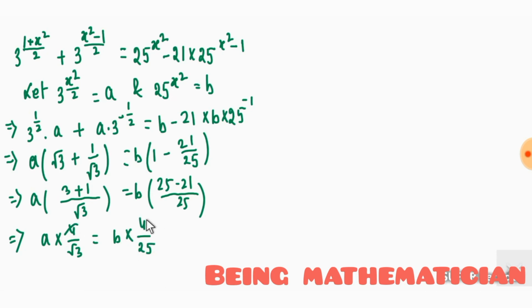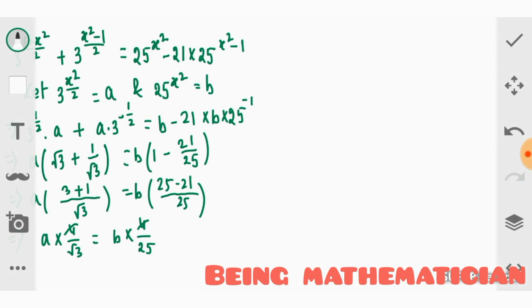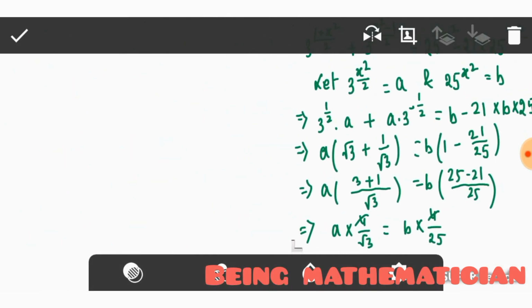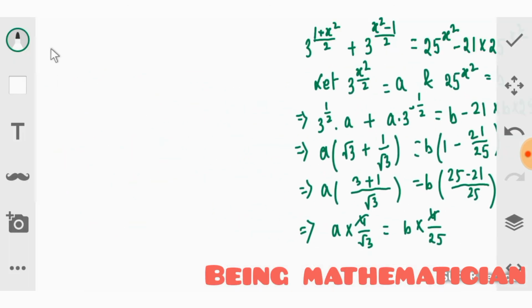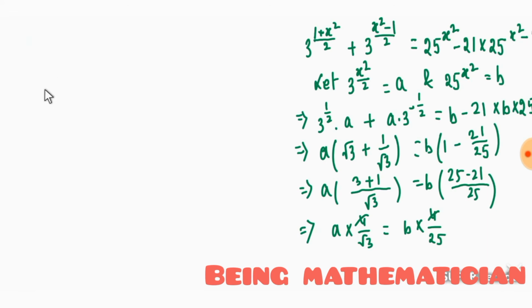4 and 4 cancel out, and now we get a by b is equal to root 3 by 25, and now replace the value of a and b in the equation.